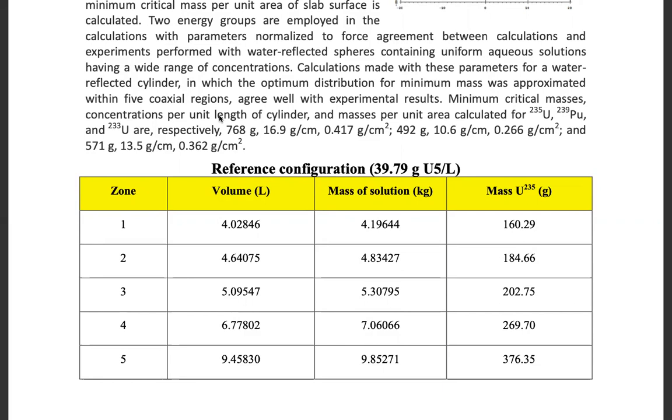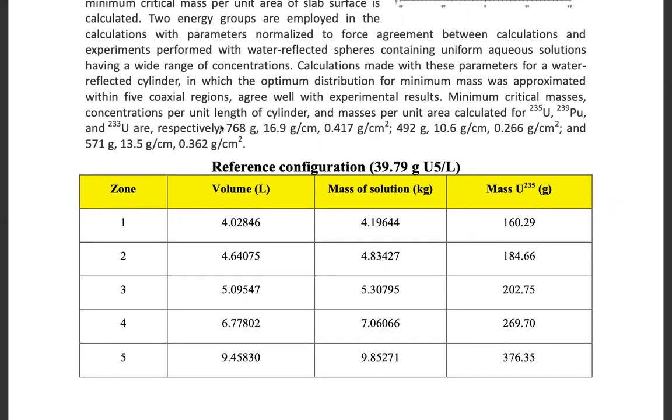Now, the minimum critical mass that Clark found for U235 was 768 grams. Imagine, I just told you that for Godiva, it's about a 50 kilogram sphere. And now I'm telling you that the minimum critical mass is 768 grams, so less than a kilogram. And why is this so important?